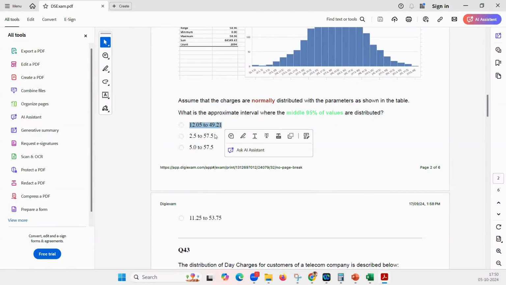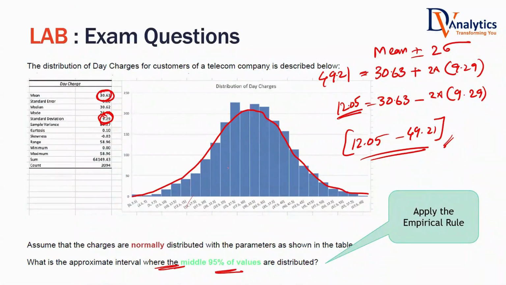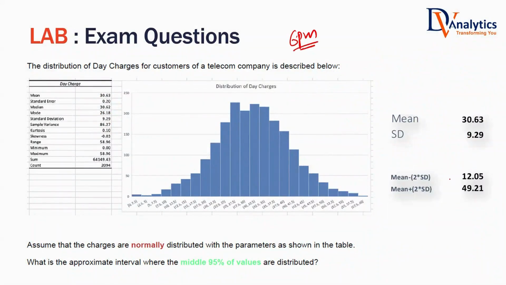So in this question, they have asked what is the approximate interval where the middle 95% of values lie. Since they told us that it is normally distributed, the moment I say normally distributed, I know that 95% of the values lie within mean plus or minus 2 sigma. We took the mean and did plus 2 sigma and minus 2 sigma. We got 12.05 to 49.21. That is where they lie.